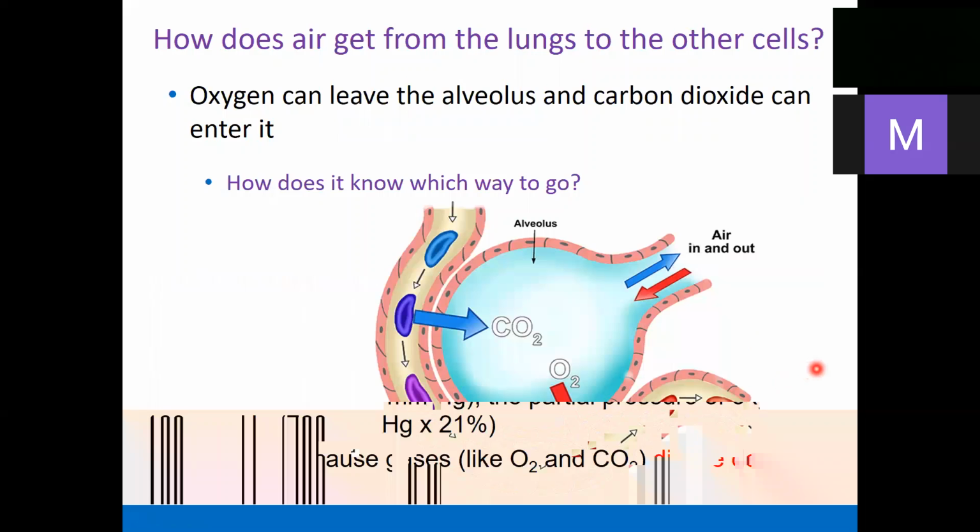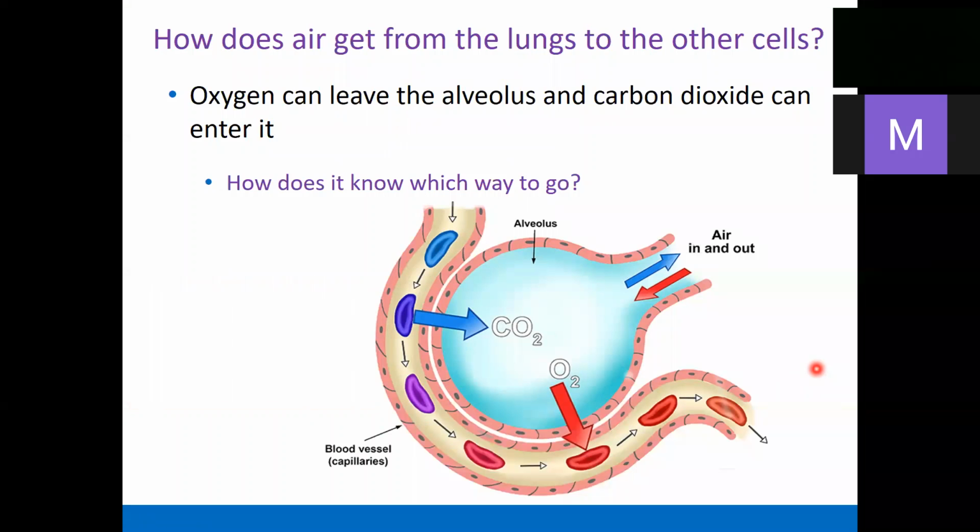Now, how does air get from the lung to the other cells? We know oxygen can leave the alveoli and carbon dioxide can enter it. But how does it know which way to go? How do the gases know which way to go?